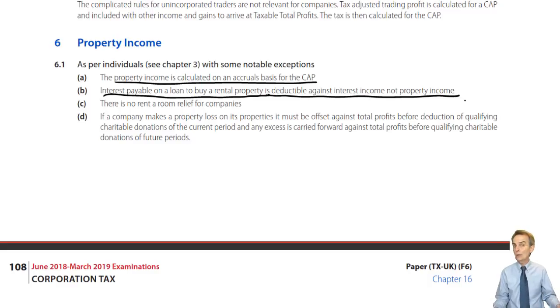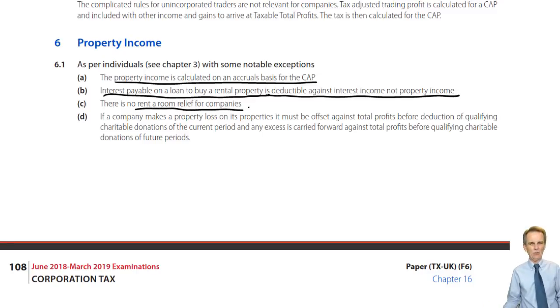What we now know, coming in the 17/18 tax year, and as we dealt with back in chapter 3, there are of course restrictions in relation to interest payable on loans taken out for the purchase of a residential property that is then let out. Then we have restrictions, not on commercial property, but on residential property. Equally, for individuals, you could have had an individual renting out a part of their property and getting rent-a-room relief.